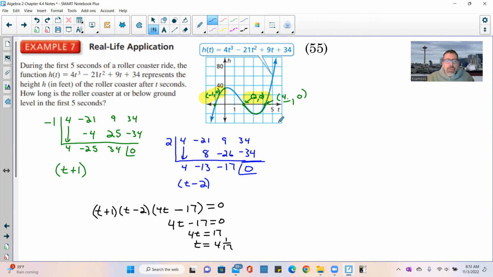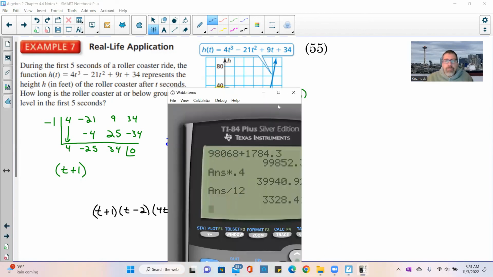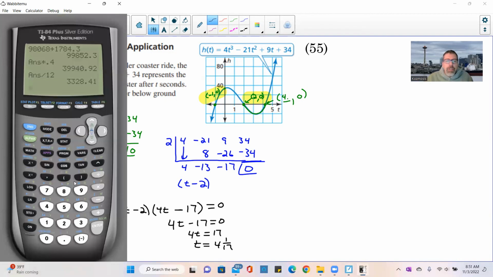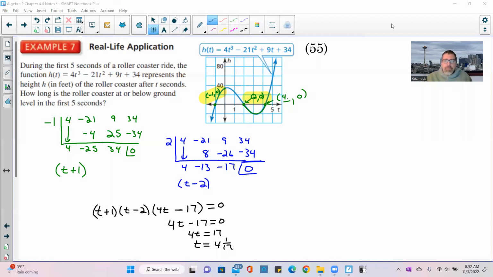Okay, so then I could just get my calculator and say, okay, what is 1 divided by 17 if you don't want a fraction? And it's 4.0588. Okay, I'm making it more difficult with this.